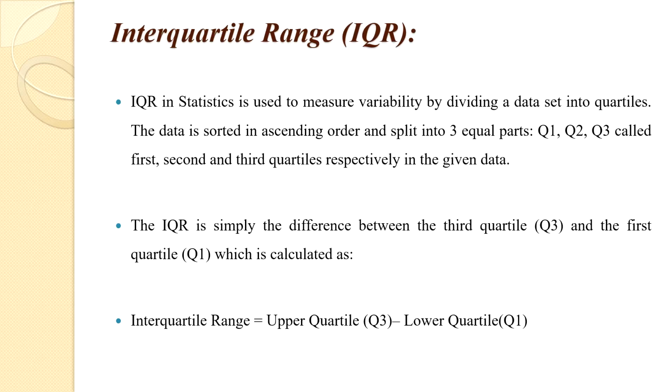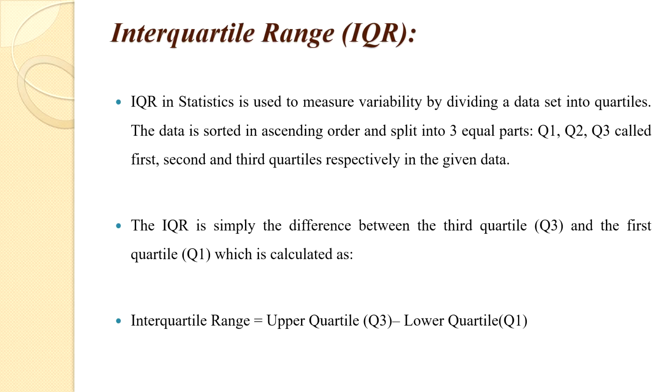Interquartile range in statistics is used to measure variability by dividing a data set into quartiles. The data is sorted in ascending order, then divided into equal parts: Quartile 1, Quartile 2 and Quartile 3. We call them the first quartile, second quartile, and third quartile, respectively.